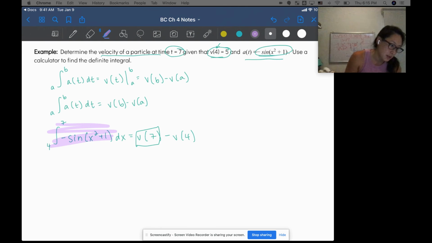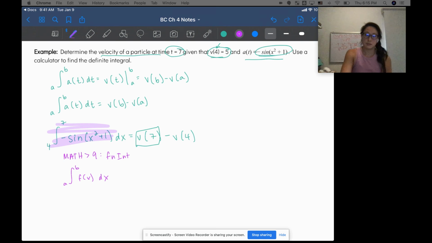So we can do definite integrals on the calculator. What you do is you press math, and then scroll down to 9, which is fnInt. It should bring up an integral where you have to plug in your a, your b, your function, and then your variable of integration, okay?